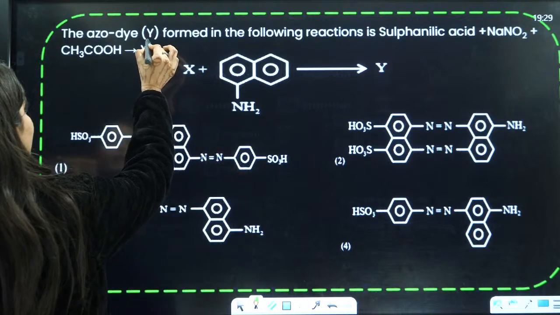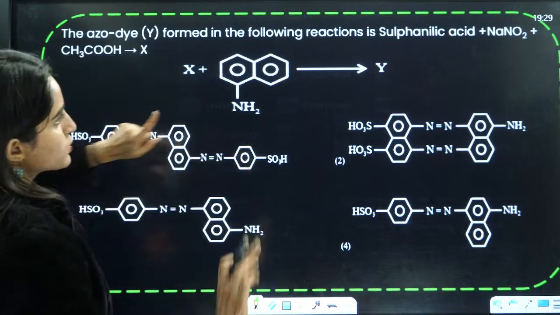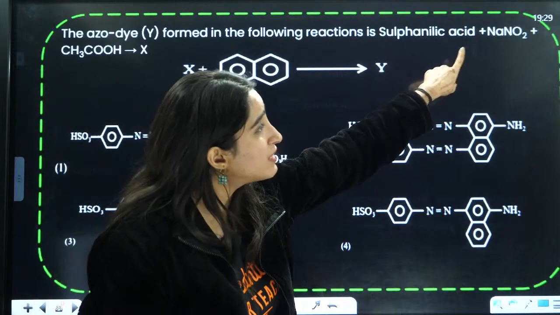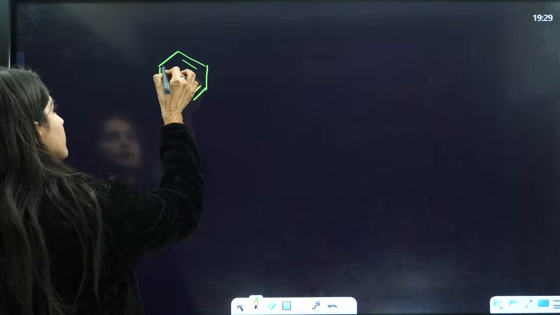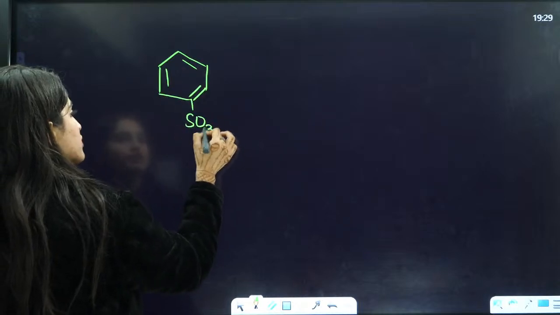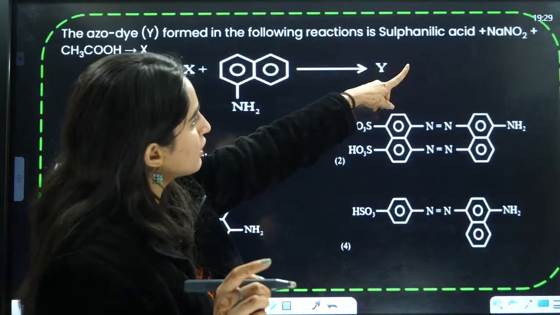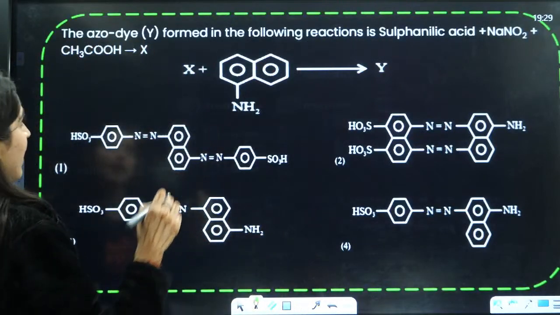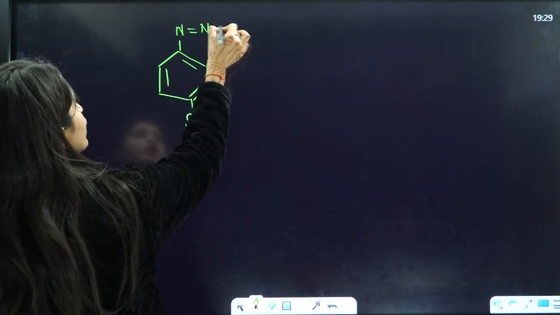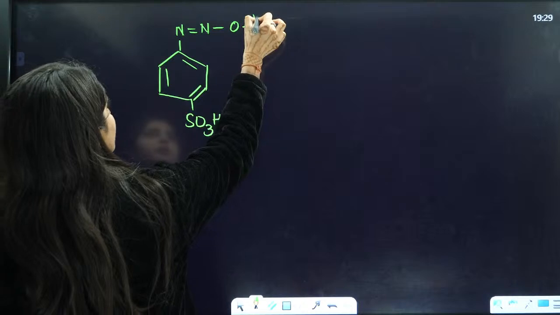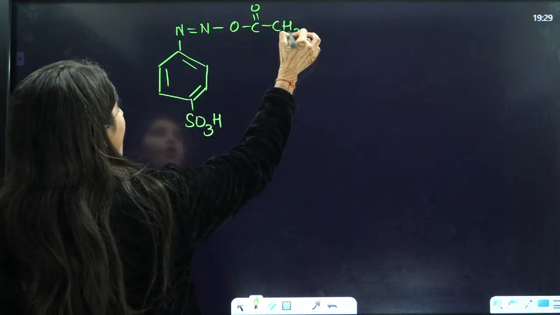Now they are saying that X is formed by three things: sulfanilic acid with NaNO2 and CH3COOH. And what is this X? Sulfanilic acid means you will have SO3H here, right? Now because of the NaNO2 and acid, you will have N double bond N here, then OC double bond O CH3 because of the acetic acid.